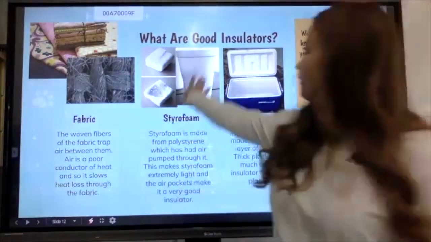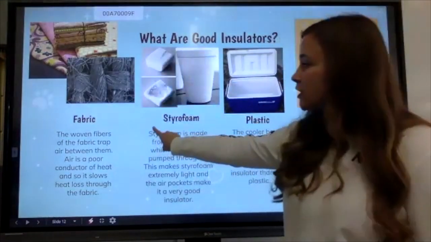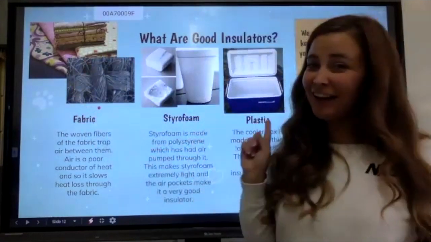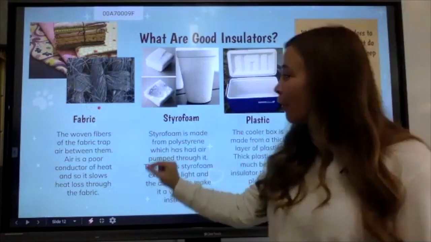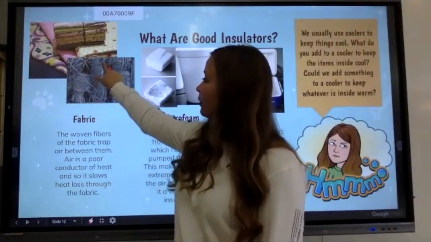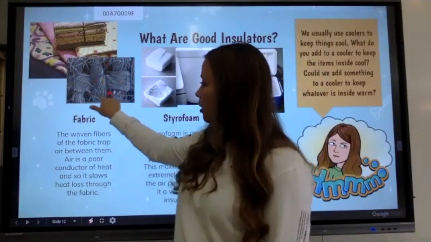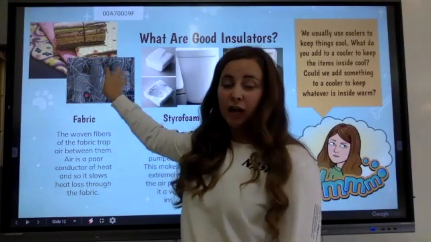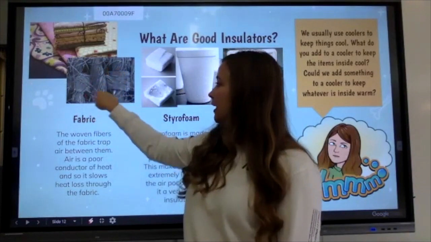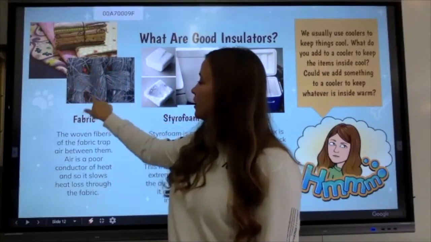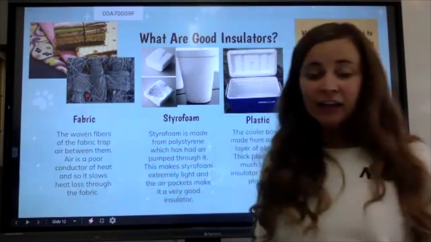So first of all, fabric is a good insulator because the woven fibers of the fabric trap air between them. Sorry about that, I had a hard time getting that one out. Here you can see the little holes in the fabric because this is zoomed in at a microscopic level, and you can see where there are holes for air to get trapped in the fabric.